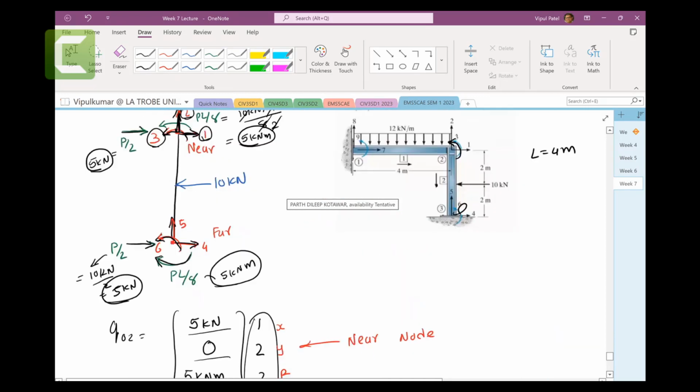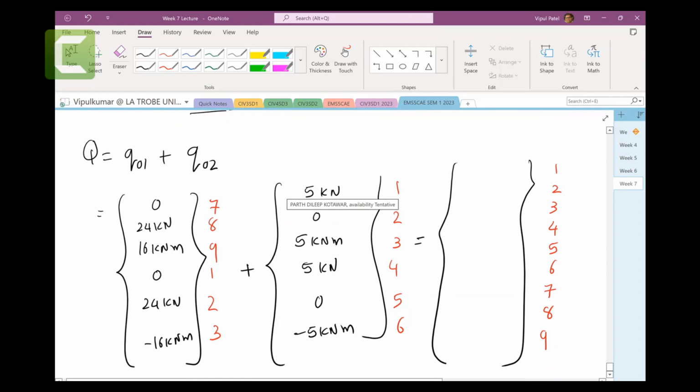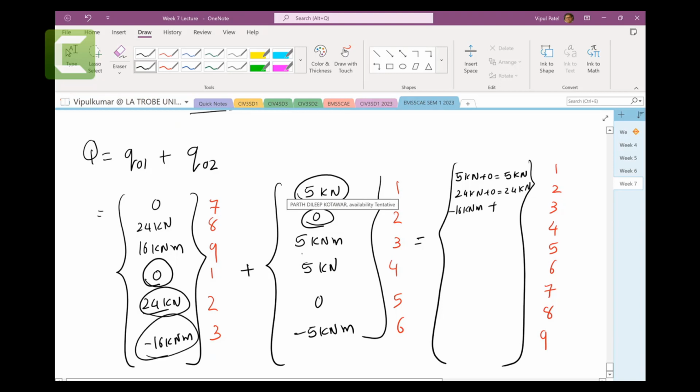So to do these, we have one 5 kilonewtons and one is 0, so 5 kilonewtons plus 0 equal to 5 kilonewtons. Number 2 is 0 and 24, so 24 kilonewtons plus 0 is equal to 24 kilonewtons. Number 3, minus 16 kilonewton meters plus 5 kilonewton meters equal to minus 11 kilonewton meters.